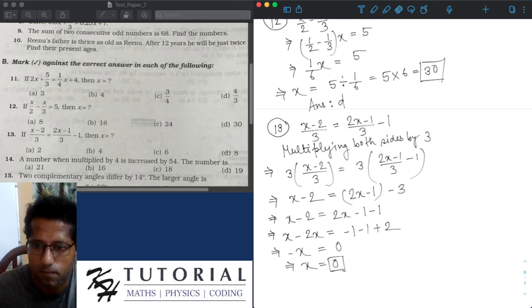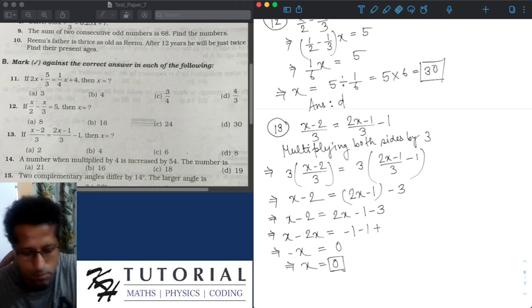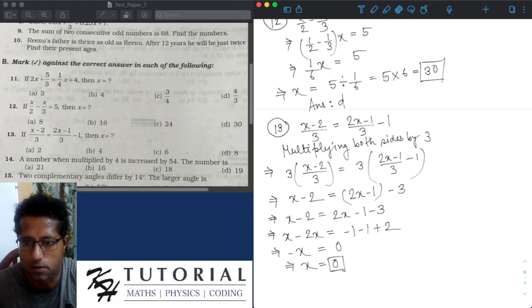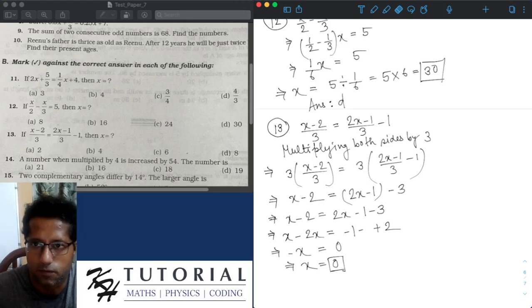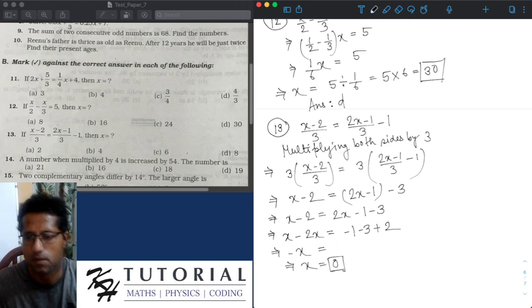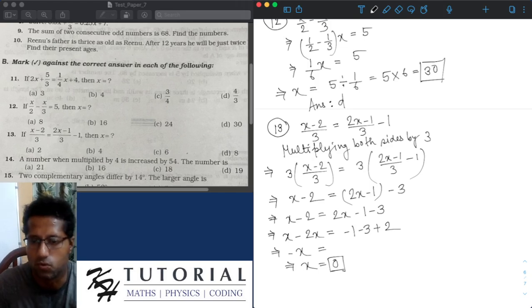So this will be 3, and this will be, no, that was right. This one, this will be 3, and this will not be 0, it will be minus 4 plus 2.